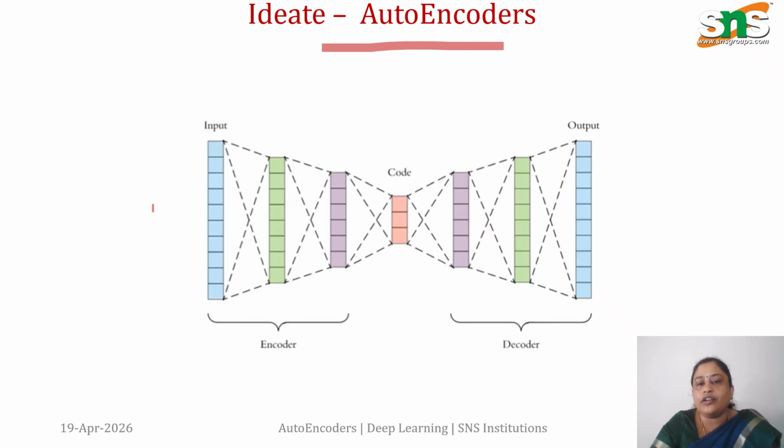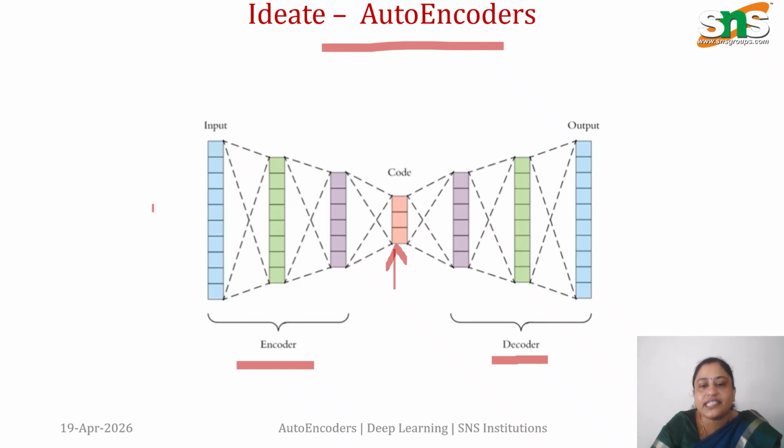In autoencoders, you have mainly two components: one is an encoder, the other is a decoder. When you pass the input data, the encoder compresses the information and then passes it to the code, which is also called the bottleneck layer.